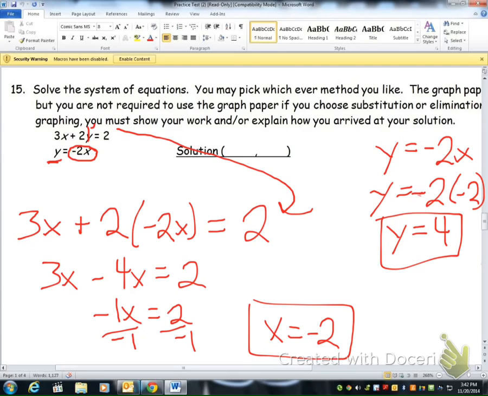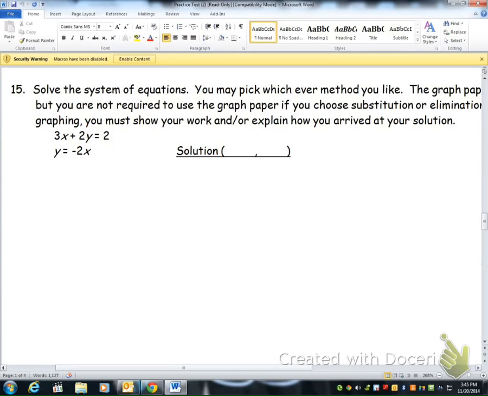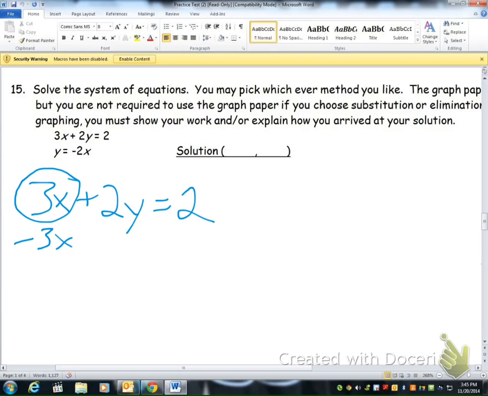Now, let's look at it doing graphing as well, just so you can see the difference. So before I graph it, the first thing I'm going to need is to rewrite the first equation in slope-intercept form. So if I take 3x plus 2y equals 2, I need to get y by itself, which means I need to get rid of 3x, so I'm going to subtract it.